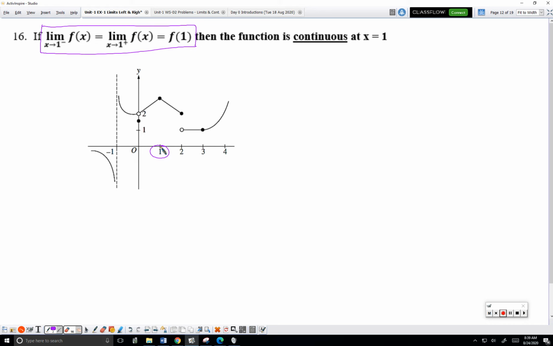They match. In this case, both the left and right limit equal what appears to be 3. But the value of the function, f of 1 itself, is also 3. Because all three things are the same, the function is not discontinuous, it is continuous. And they will test you on that for sure.